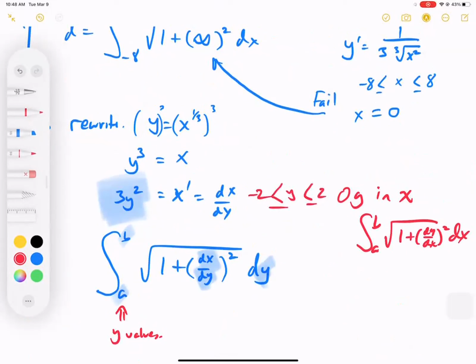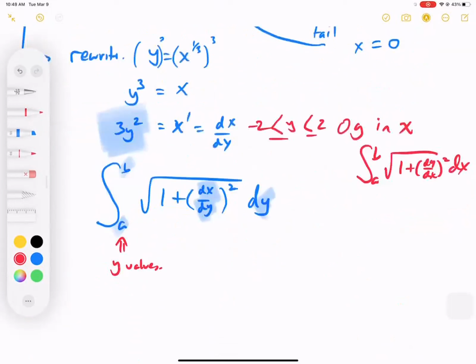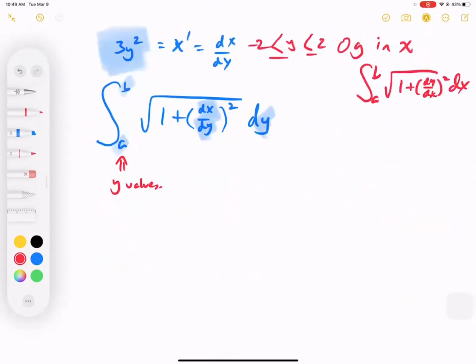Yes, all values work there. So we took a problem that didn't work, because the derivative would have given us infinity, undefined there, and we spun it around and rewrote the problem in terms of x instead. Now we can set up the problem.